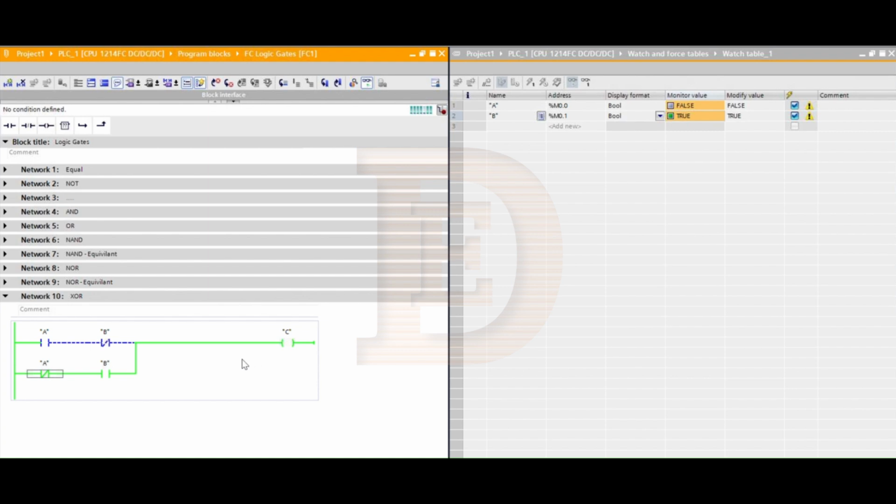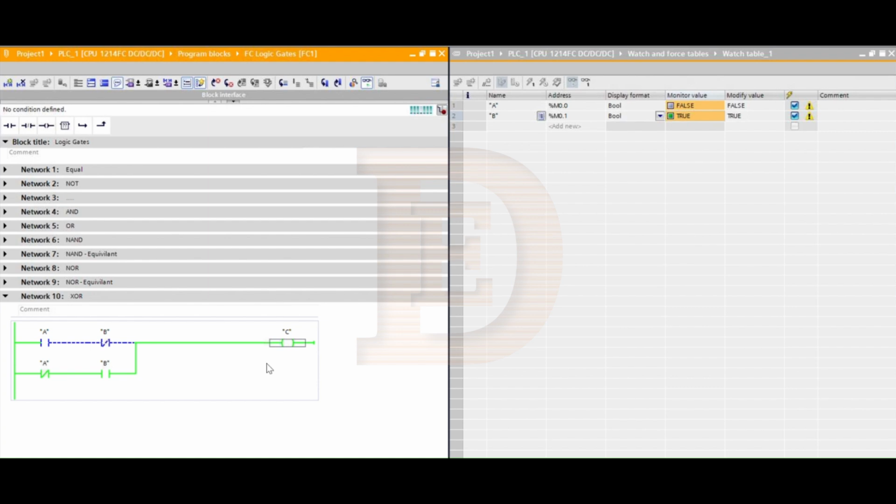Now, what is the truth table of this XOR gate? Basically, the truth table is saying C can be on if only one of the signals is on. See it? C is on if only one of the signals is on. Not both, only one of them.